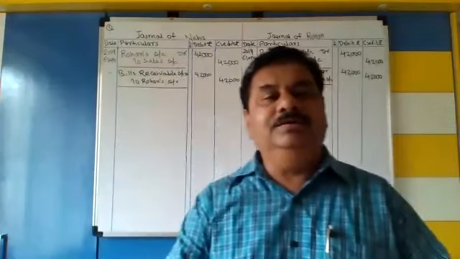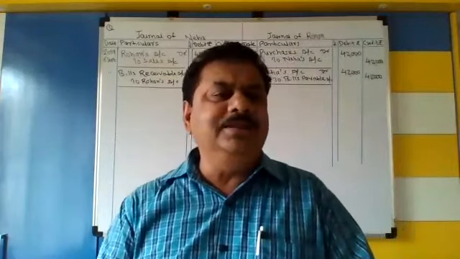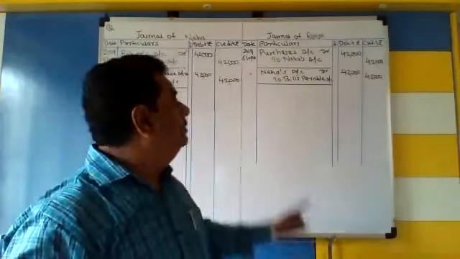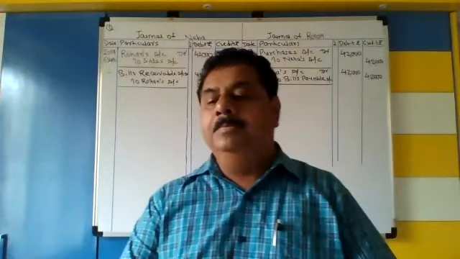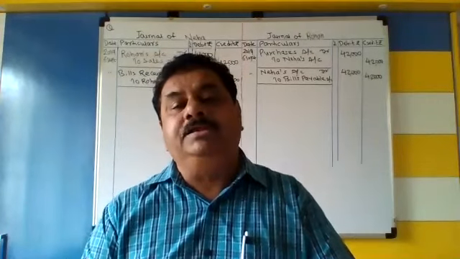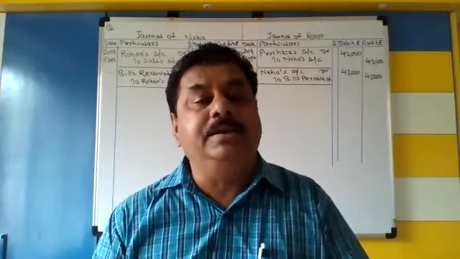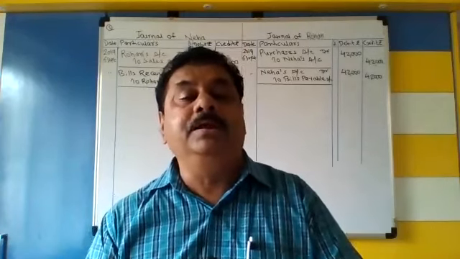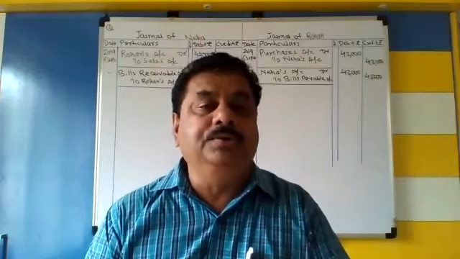You can see here the names are changing, amounts are changing, but entries remain the same. Narration: being bill accepted for 3 months for amount due.